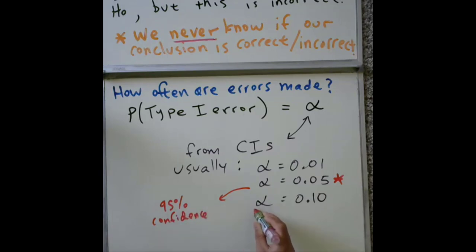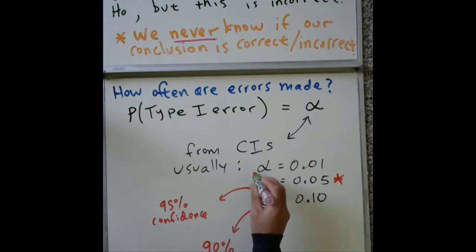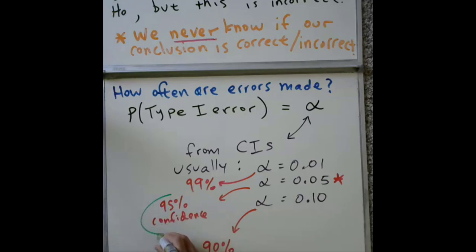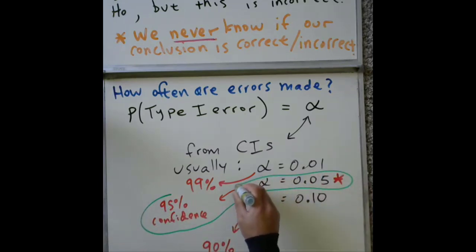And this one corresponds to 90%, and this one must be 99%. So we say that 95% confidence is sort of the most common because it's sort of the middle of those values. There's more to it, but that's really all we need to know.